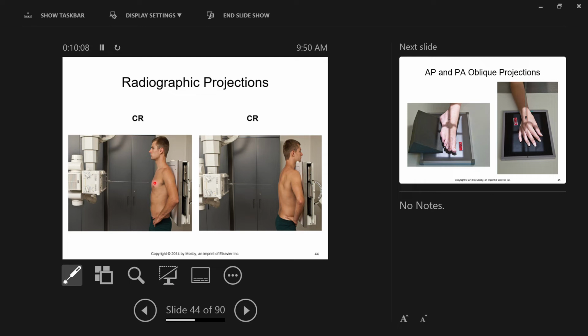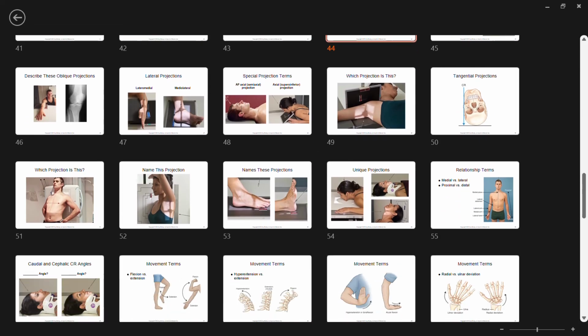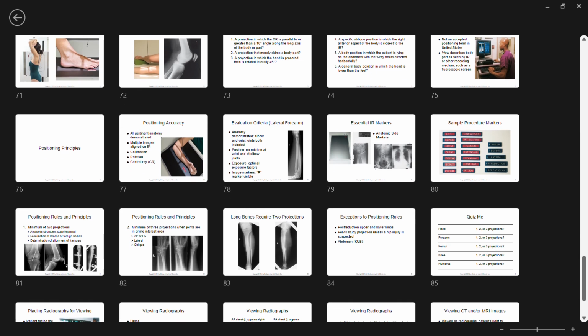So there's good reasons to perform one projection or the other, but importantly right now, just for my new students, is just knowing the word projection means effectively what position are you putting the patient in, right? So a term we're going to try to shy away from, I gotta scroll all the way down to find it. Where's it at?